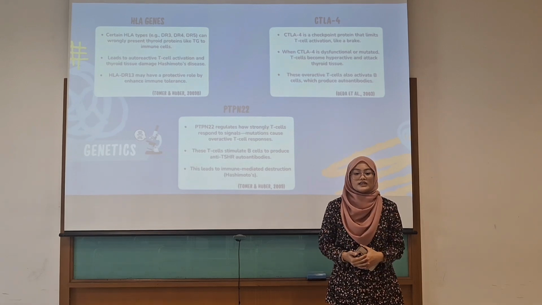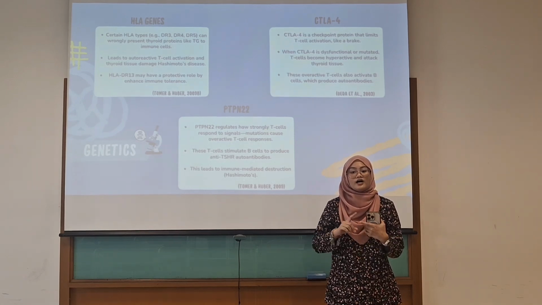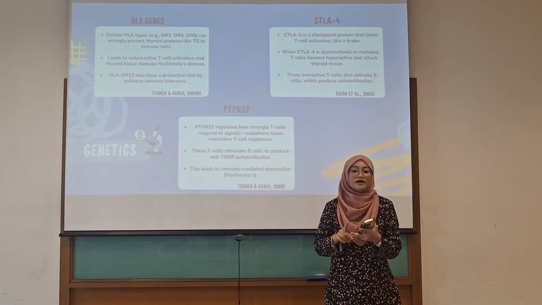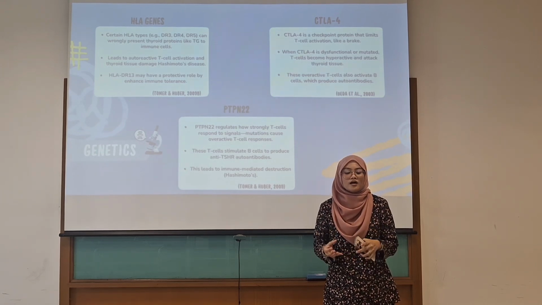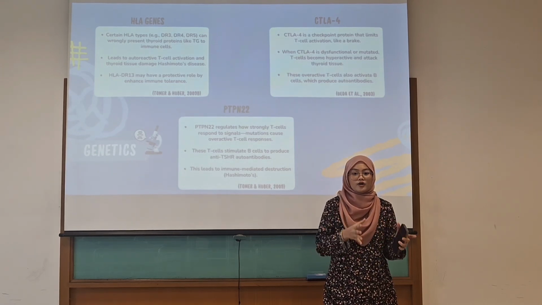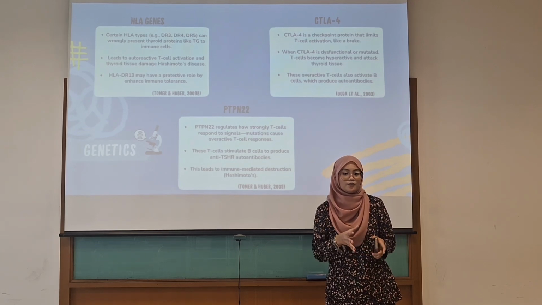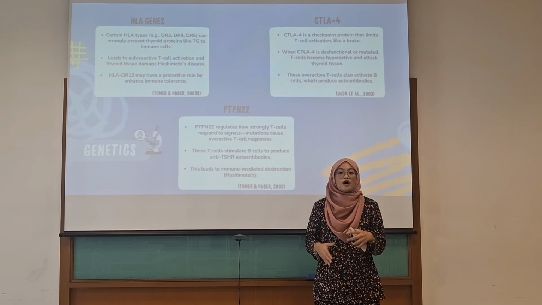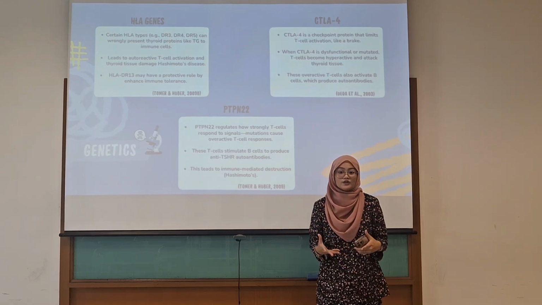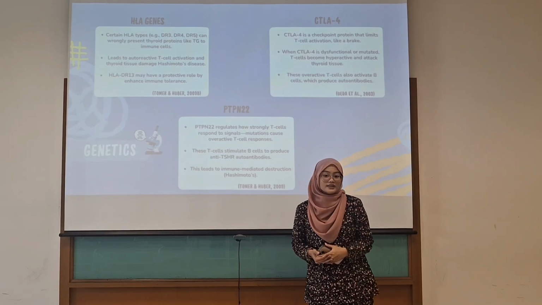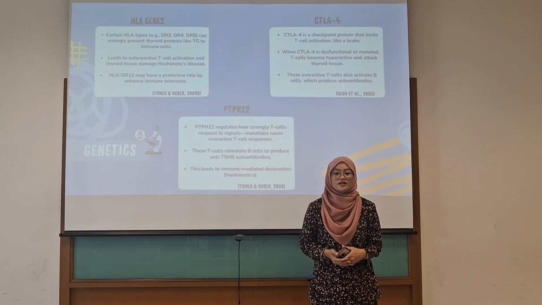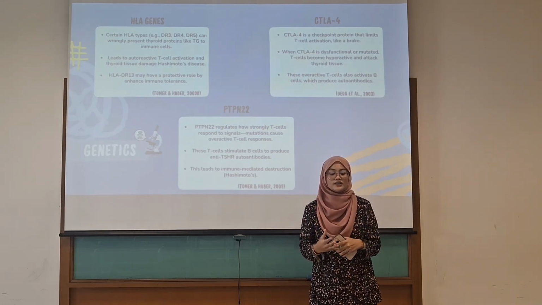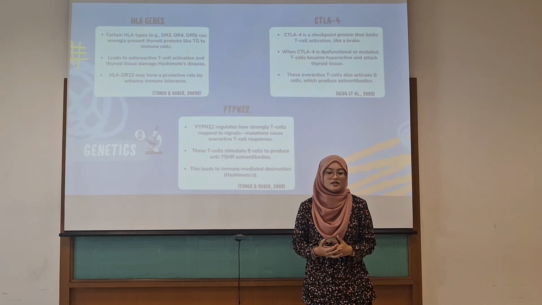In autoimmune disease, certain HLA types like DR3, DR4, and DR5 may mistakenly present thyroid proteins such as TG, thyroglobulin, to immune cells. And this misrecognition could lead to autoimmune attack, where the body starts to attack itself. Interestingly, HLA-DR13 plays a protective role where it can help to suppress the overreactions by enhancing immune tolerance.